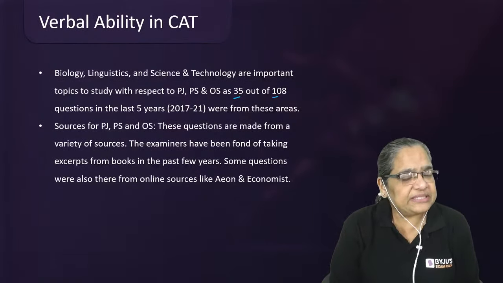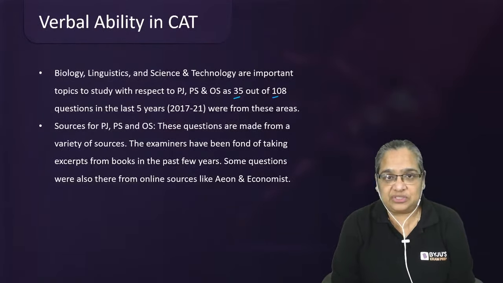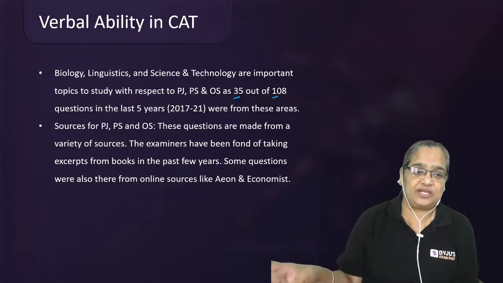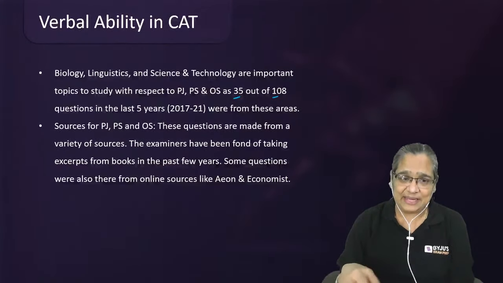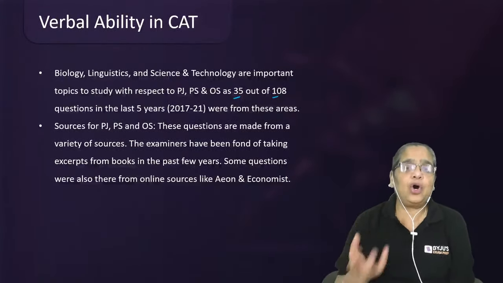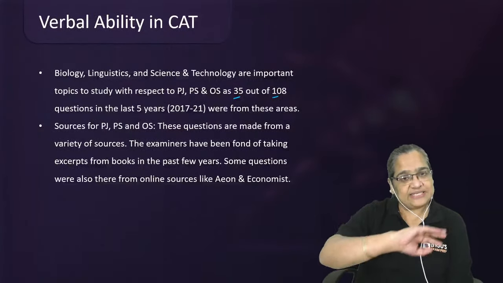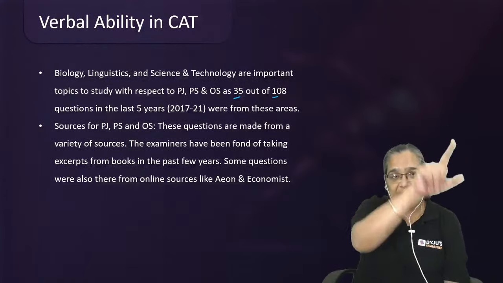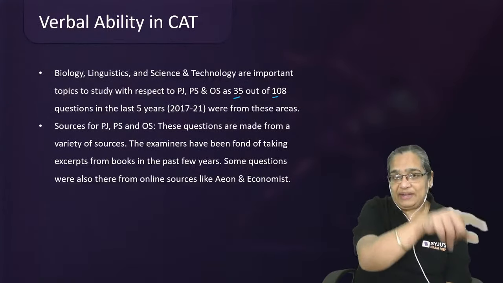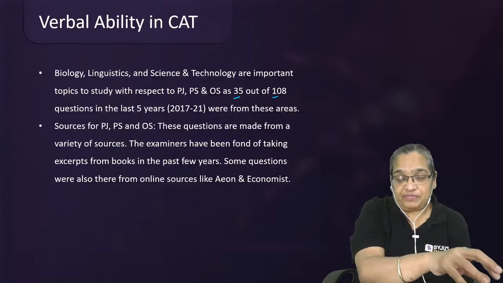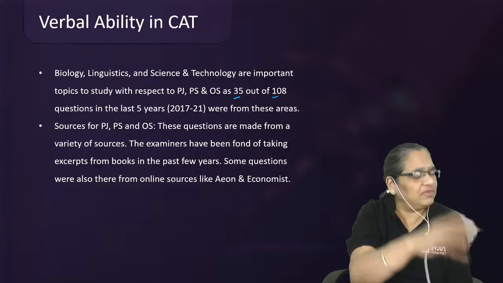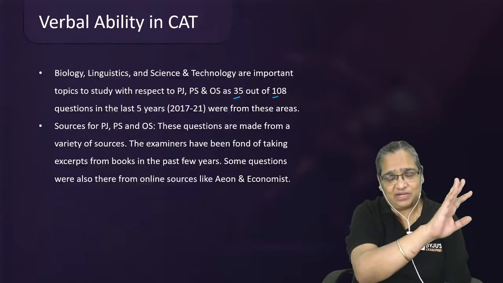Parajumbles and summaries can come from any source. It's not just restricted to editorials or articles, but generally Aeon, Economist, because Aeon has essays on a lot of topics. If you look at their menu, the number of subjects Aeon covers is everything.